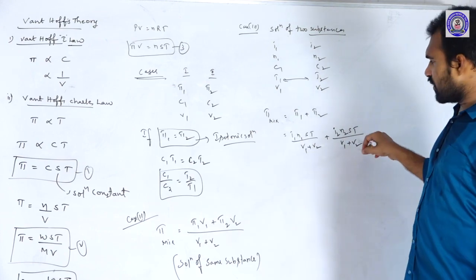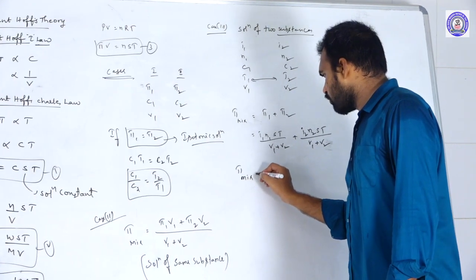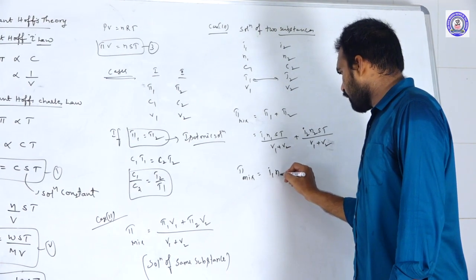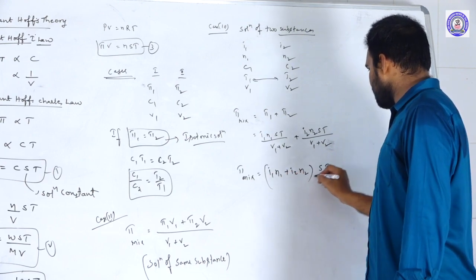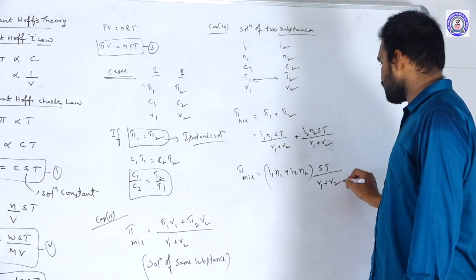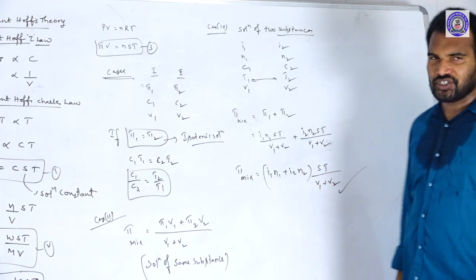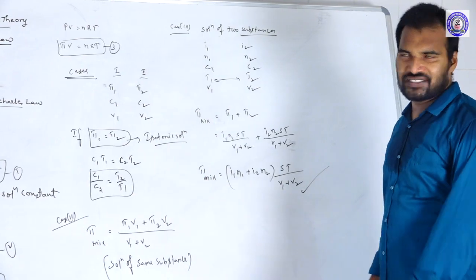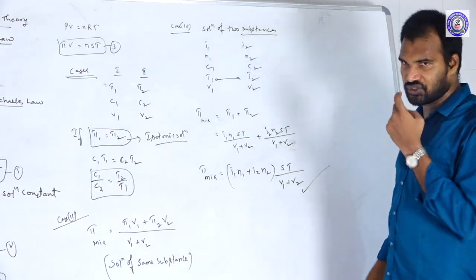Now ST by V1 plus V2 is common, so what is remaining? π mixture is equal to (i1n1 plus i2n2) ST by V1 plus V2. By using this, we can calculate π mixture of two solutions of different substances. So there are three cases. Remember that from these three, they may ask you questions.